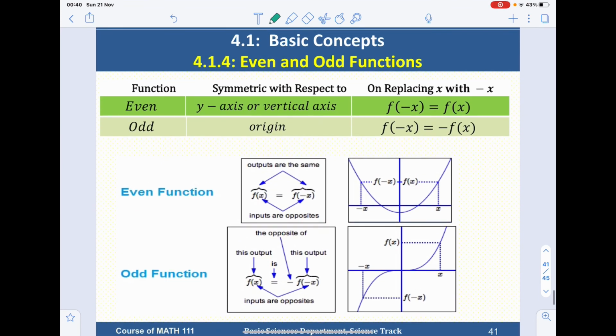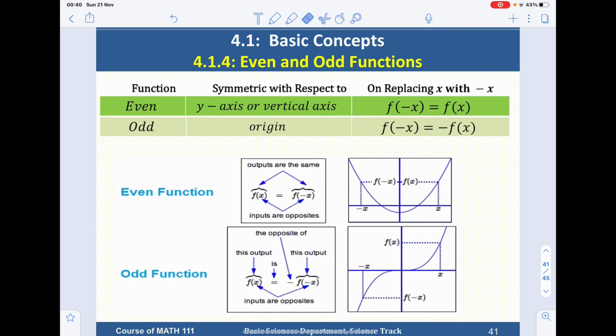Okay, now what is the even function and the odd function? The even function, like this one, this is an even function. So why do we call this one an even function and this one an odd function?